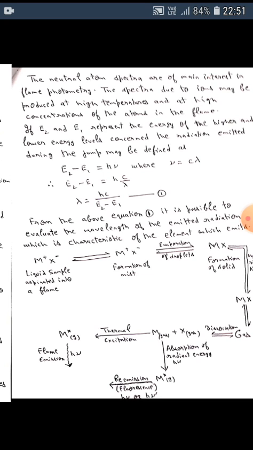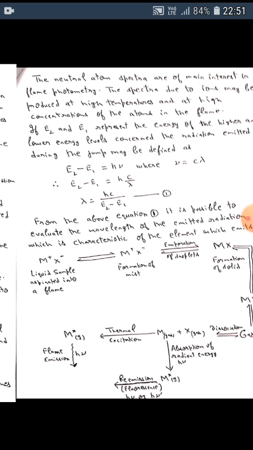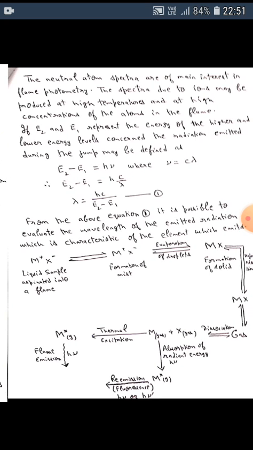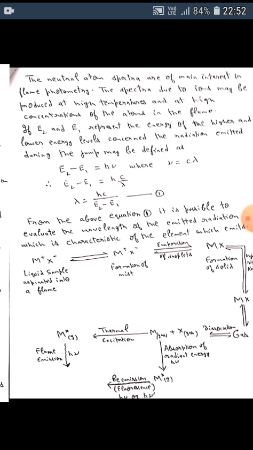If we look at the equation below, suppose E2 and E1 represent the energy of higher and lower energy levels concerned. The radiation emitted during the transition can be defined as E2 minus E1 equals h nu, where nu equals c upon lambda, so E2 minus E1 equals hc upon lambda, or lambda equals hc upon E2 minus E1.